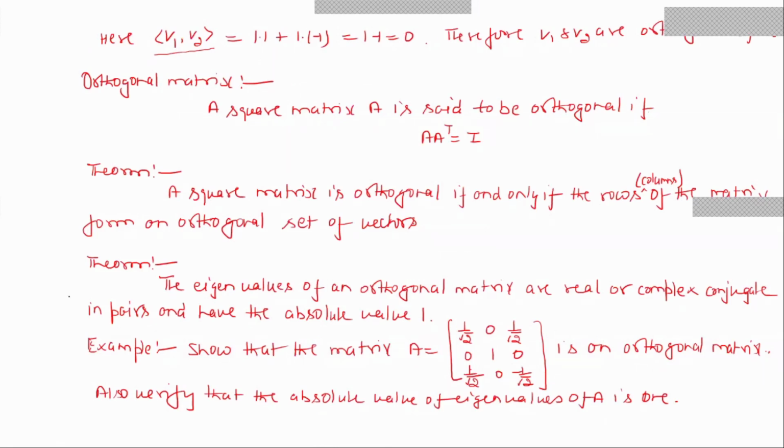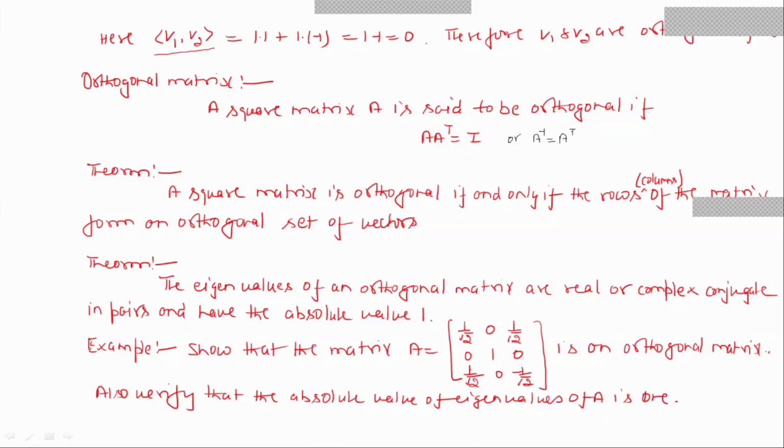Now, what is an orthogonal matrix? A square matrix A is said to be orthogonal if A times A transpose is equal to the identity. What does this mean? The inverse of the matrix A is equal to A transpose.